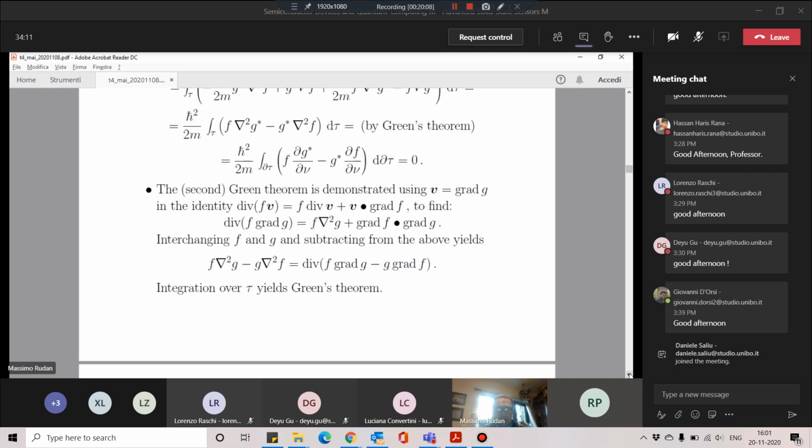Okay, you simply apply a vector identity. Divergence of f times a vector v is f times the divergence of the vector v plus v scalar product gradient of f. Then you impose that v, that is a vector, is the gradient of another function that you call g.